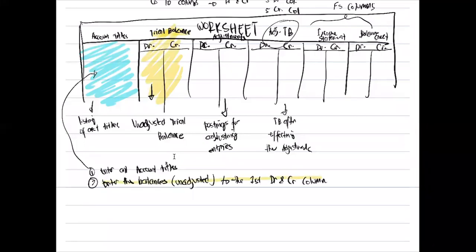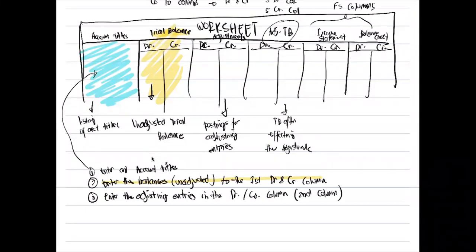Okay, and then we have your third step. So what is your third step? Of course, we now enter the adjusting entries in the debit or credit column, particularly the second column.